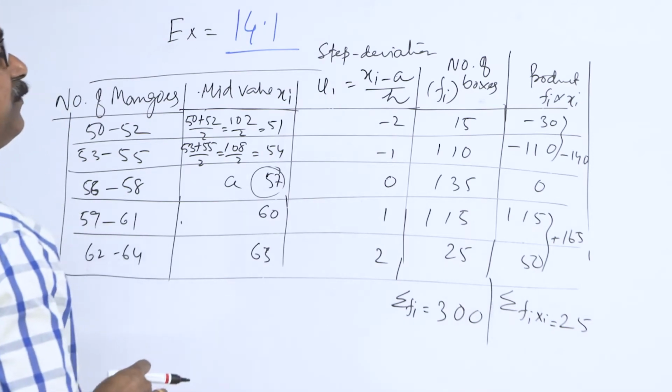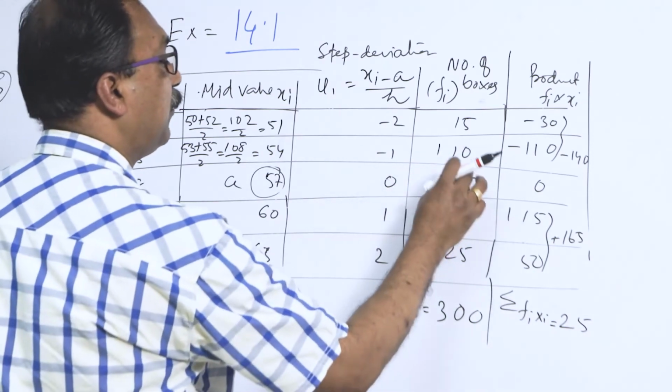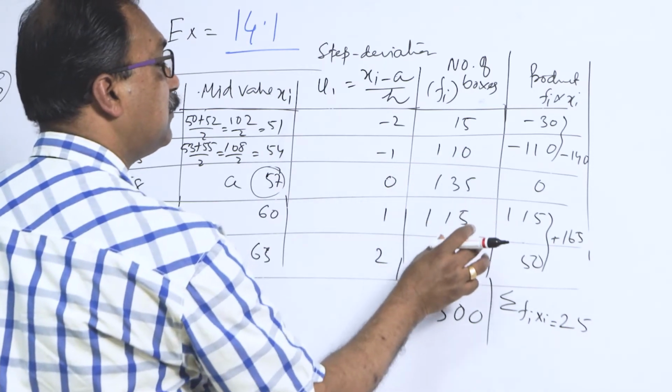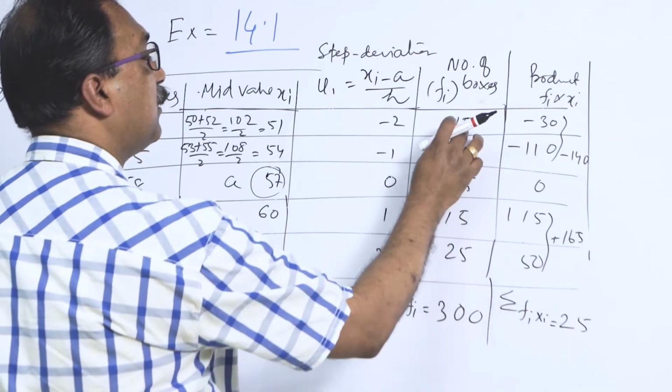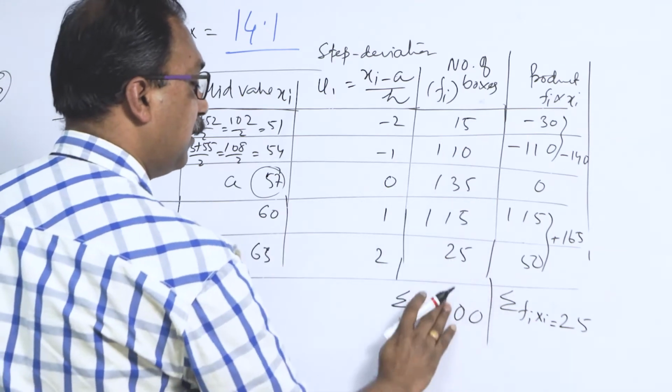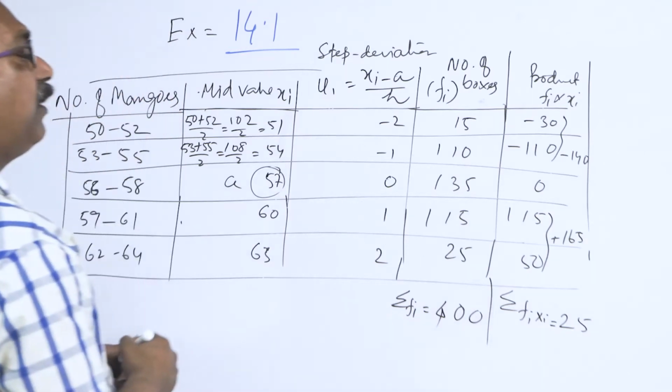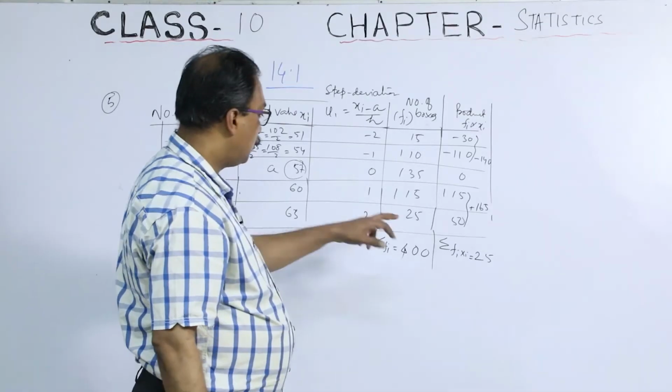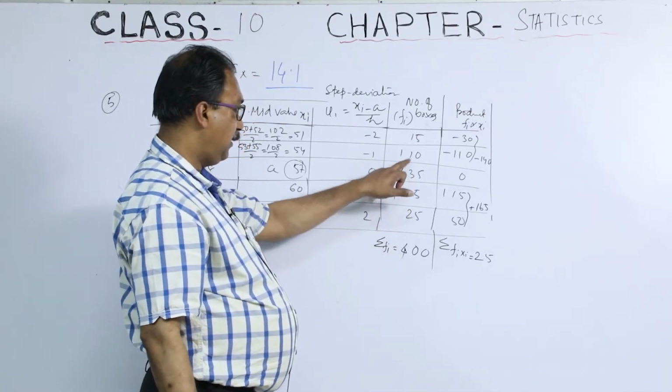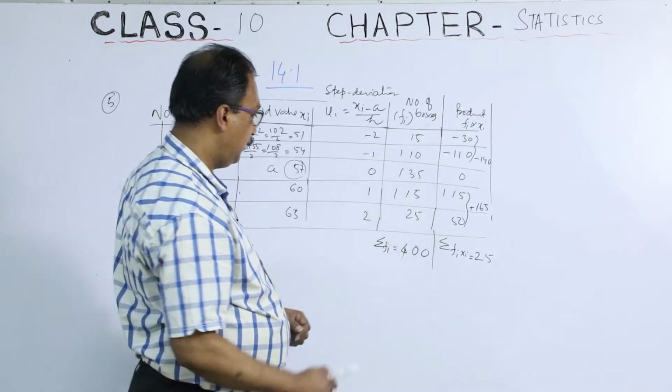So 245, 1560, 360, 75, and 400 comes up. Okay, it comes to 400.